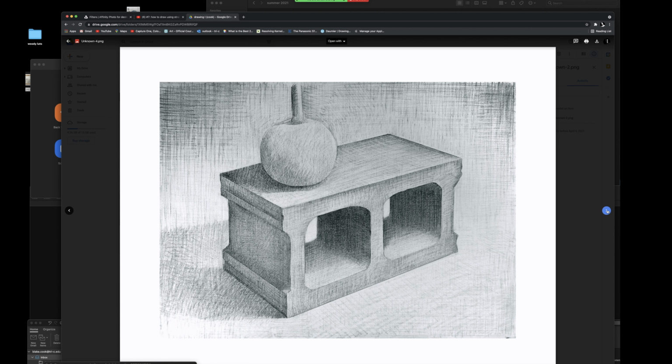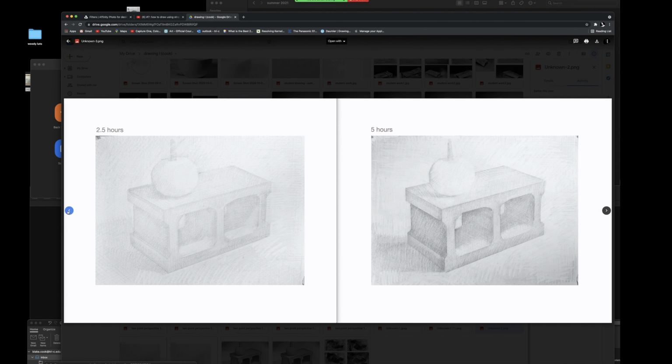That's 10 hours into this block pumpkin drawing, right? So that's a lot of layers of mark making and subtraction to get to that point, all right? This is a 5-hour mark, okay, right there. And you guys haven't even reached this mark yet, the 2.5-hour mark, okay?